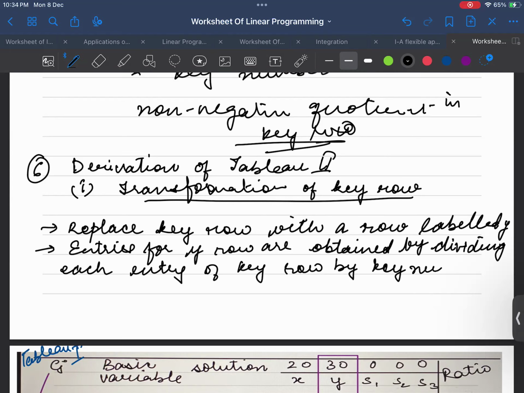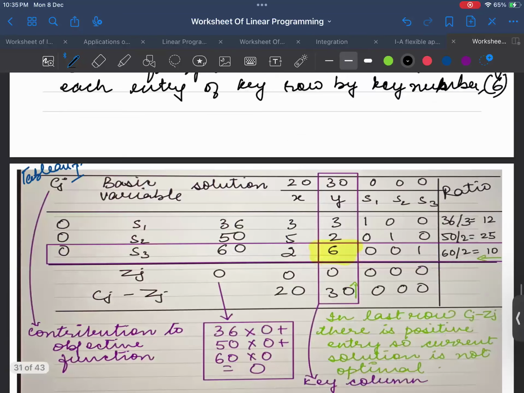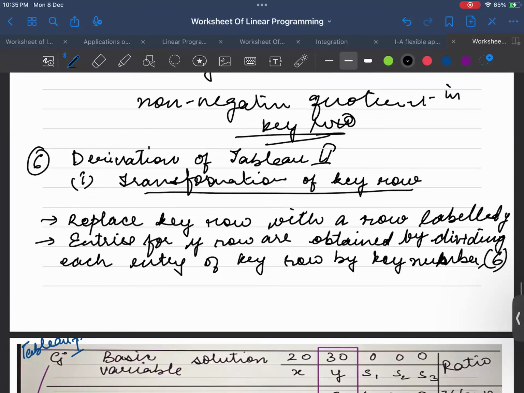And we know my key number is 6. Then I will also explain how we transform the non-key rows.